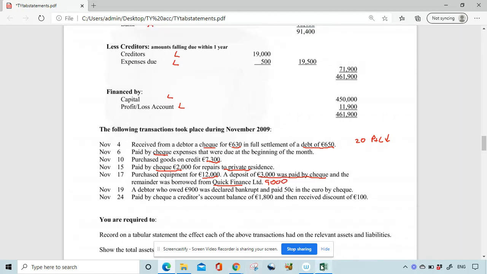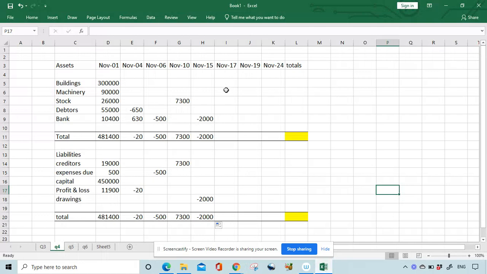So our machinery goes up by 12,000 and our bank account goes down by 3,000. Then I'm going to put a new one in here. I'm going to call it Quick Finance. And we worked out that we borrowed 9,000. So this should balance. 12,000 minus 3,000 is 9,000, and in the liabilities we only have 9,000.